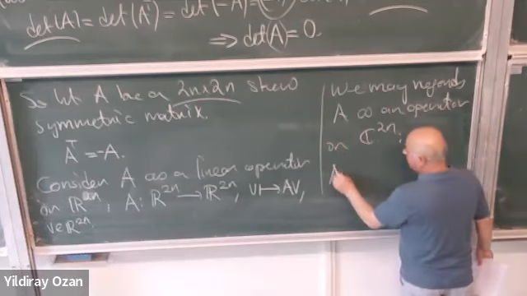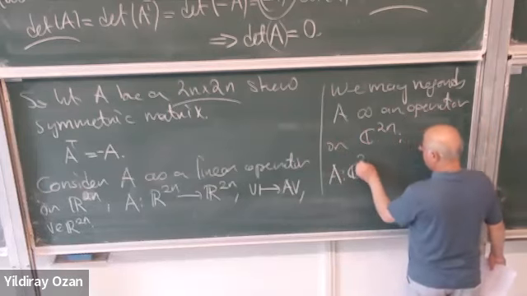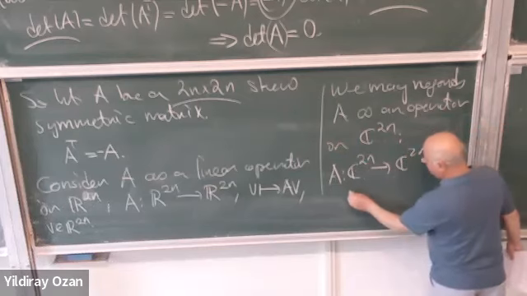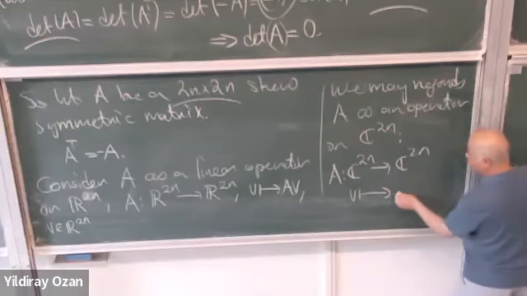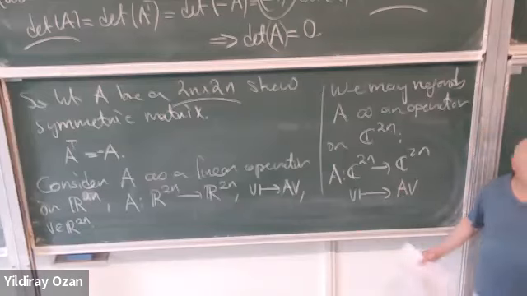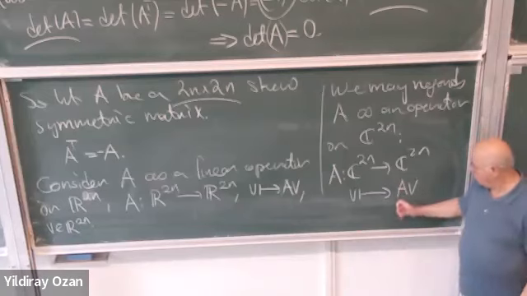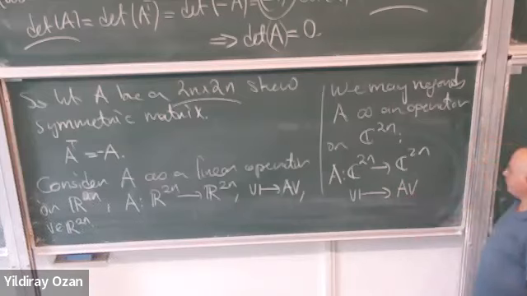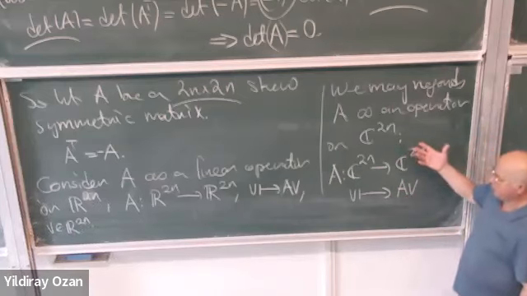How? Well, the same formula: you take a vector here and just send it to A times it. Any real number is a complex number, so the entries of A are complex numbers. You just perform this matrix multiplication.